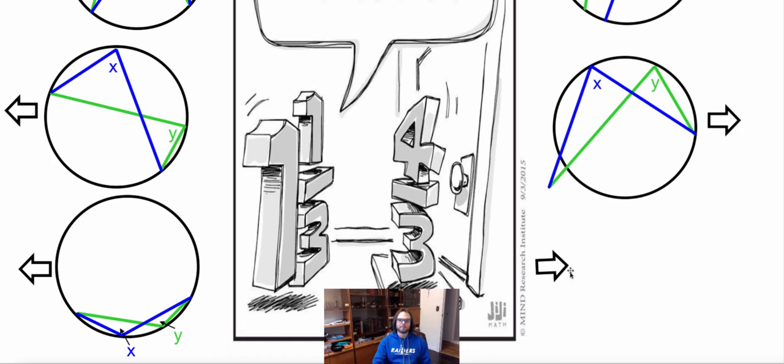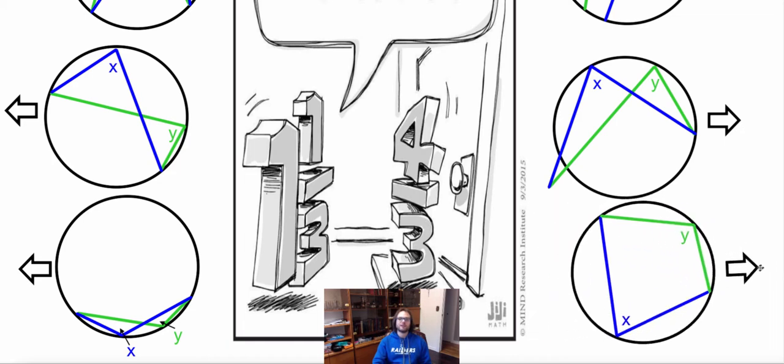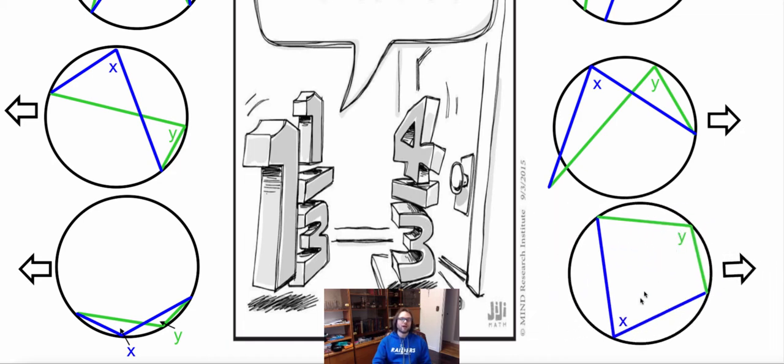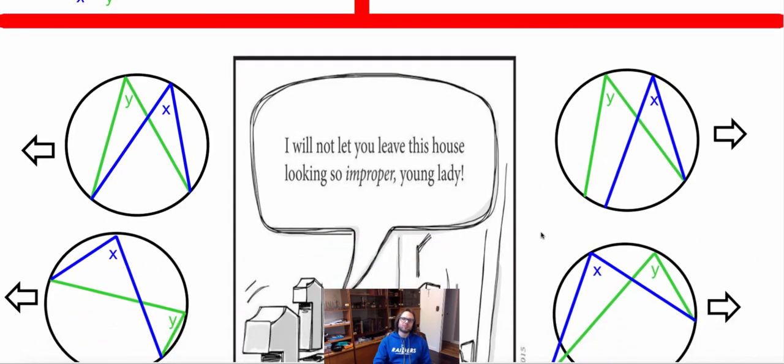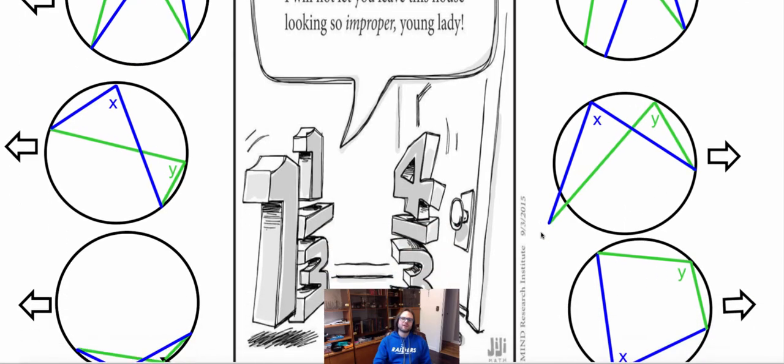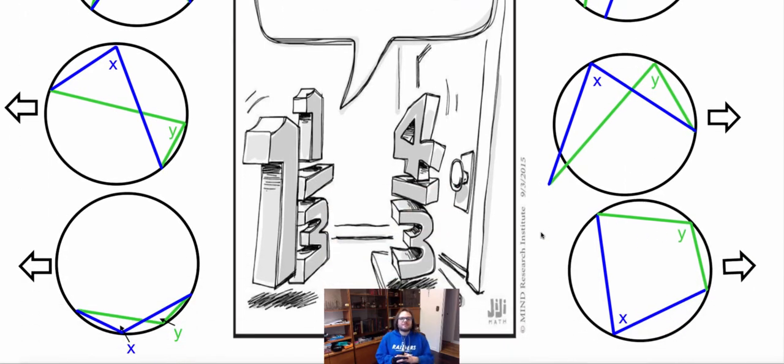They are the same. Over here, I have angle y and angle x, and they are not the same. So I want you to pause the video right now. You could go back and look at these three examples I have here and try and figure out what my secret rule is when it comes to angles being the same in a circle.